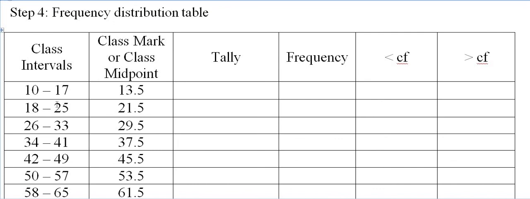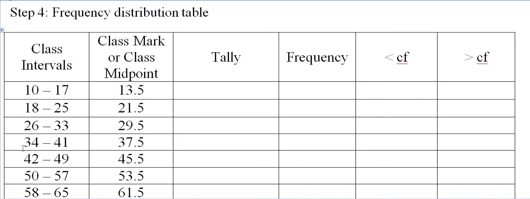Then, after 25, we have the number 26. Then, 26 plus 8 minus 1 will give us 33. Then, after 33, we have 34. Again, 34 plus 8 minus 1 will give us 41.